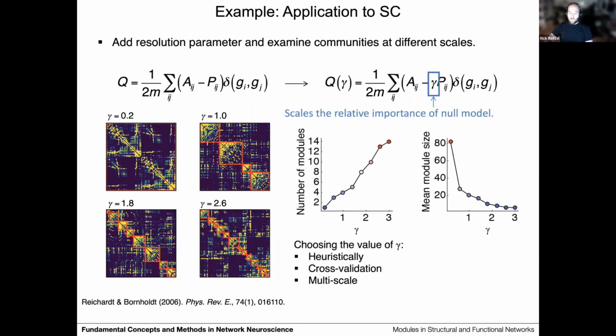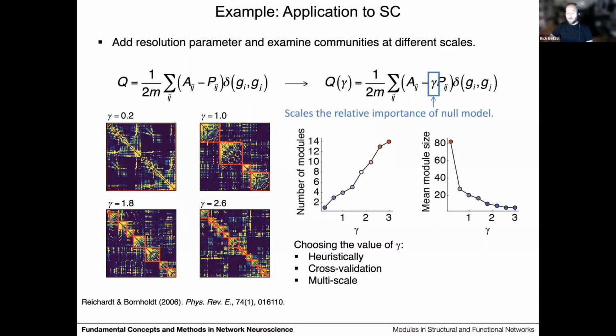There are lots of strategies for trying to choose the value of gamma. Some are based on, for example, heuristics, so we choose the gamma that optimizes some other meta objective function. We try to cross-validate across two independent data sets.